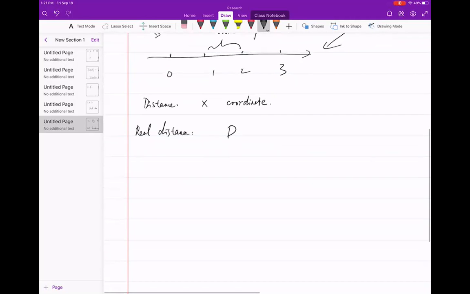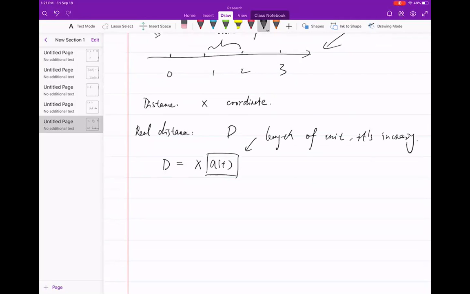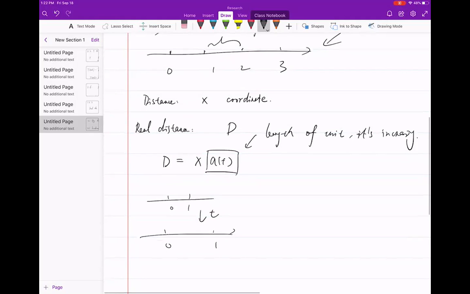Then what we can do is we can say d is this times a(t), and this a(t) is going to be the length of unit, and it's increasing. Basically it means before this is 1, after a while this is bigger. Okay. And this one changes according to time, while x is the constant. Good so far?